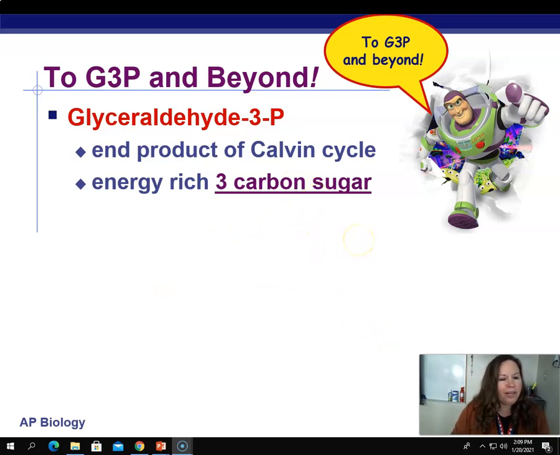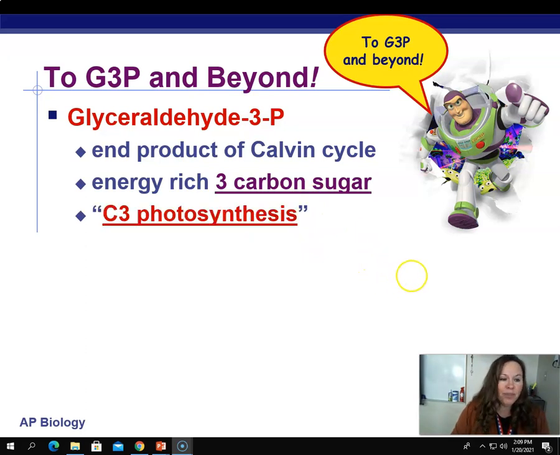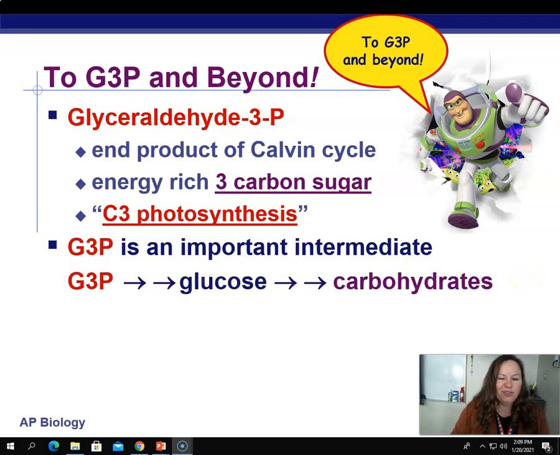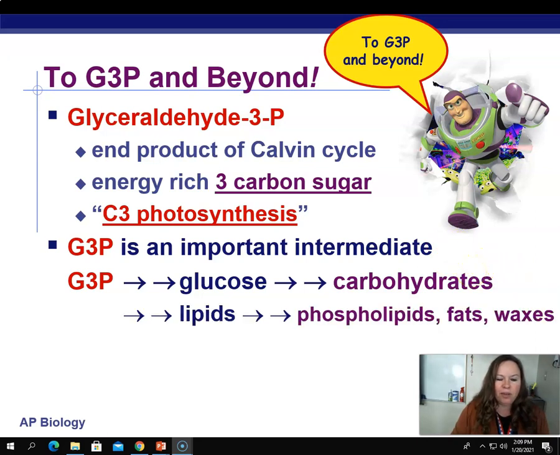It's energy rich because, well, it has carbons and it has hydrogens, oxygen. This is for your run-of-the-mill photosynthesis called C3 photosynthesis. Just kind of your average type of photosynthesis. There's a couple other types that we'll look at, and we can use this G3P to make whatever carbohydrate we want, even turn it into fat if we want.